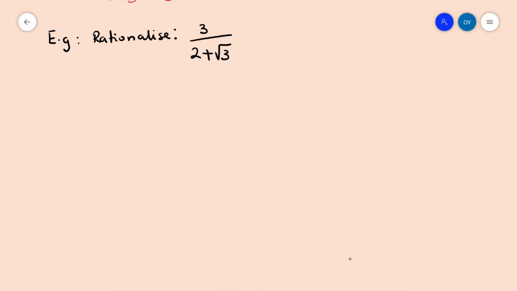So we have this to be 3 over 2 plus root 3, multiplied by... you multiply this by 2 minus root 3 to rationalize.